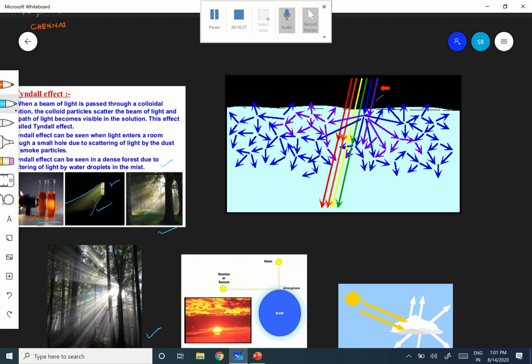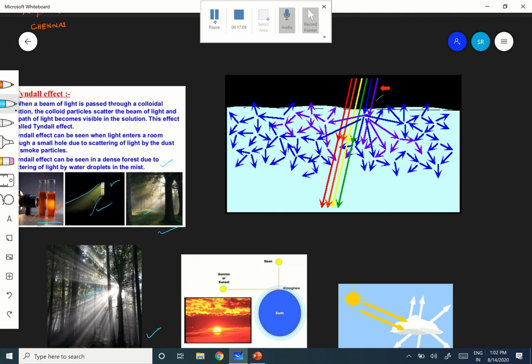But sunlight sends less of violet; it sends more of blue. Naturally, the sun sends a lot of blue color but less of violet. That is number one. I am giving you the reason why the sky appears blue.